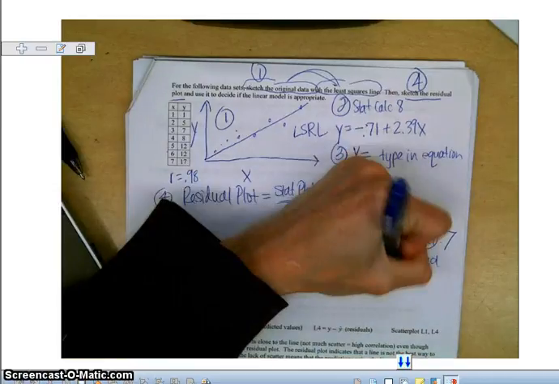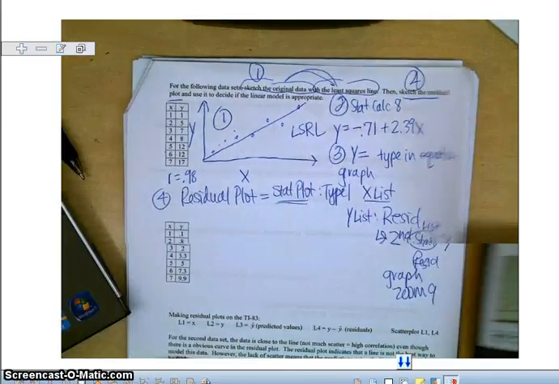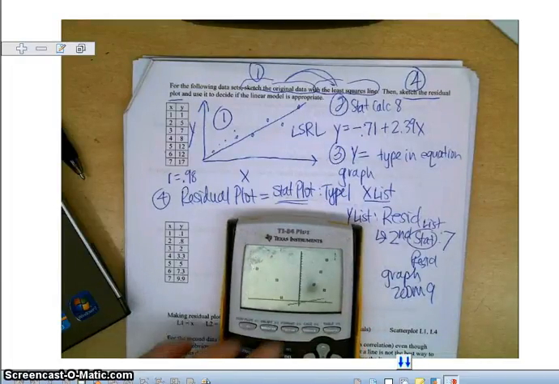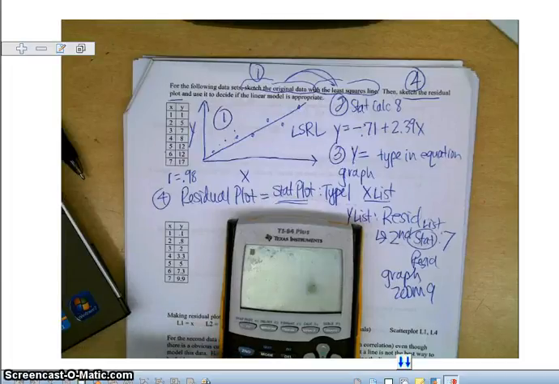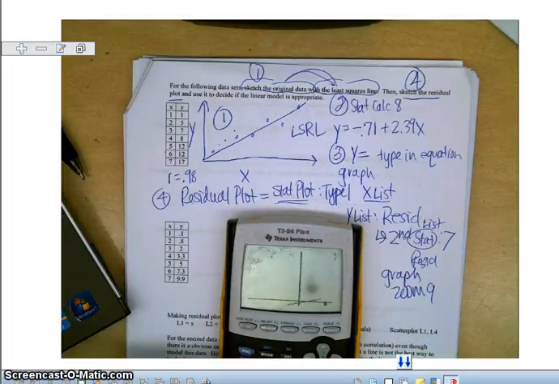And then you graph it, zoom 9, and my residual plot, I did it in the wrong thing, that's why it looks so weird. There we go. All right, that looks a whole lot better.